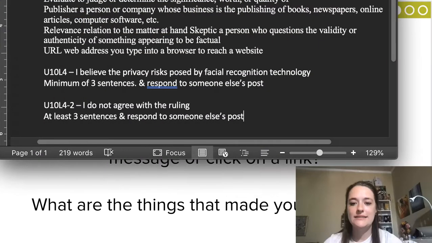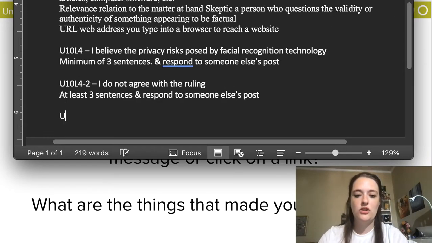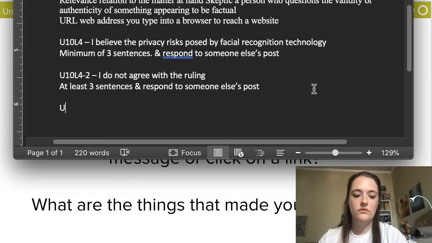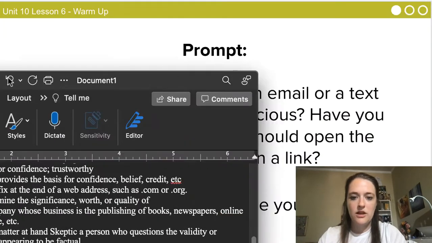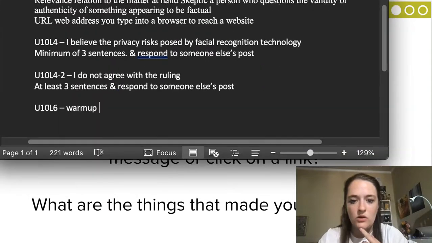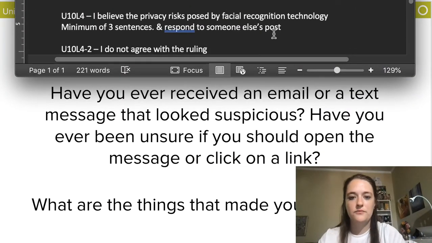And what it's going to look like is U10 L6 warm up. All right, and then you can say, tell the story.